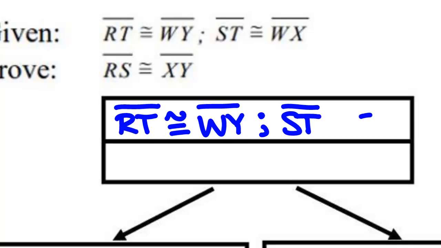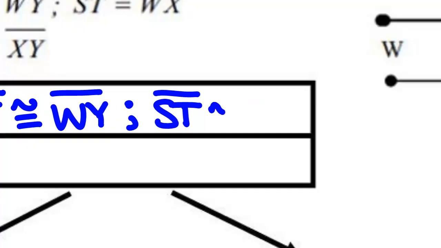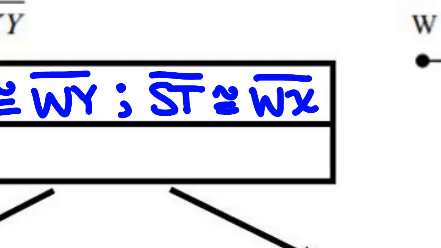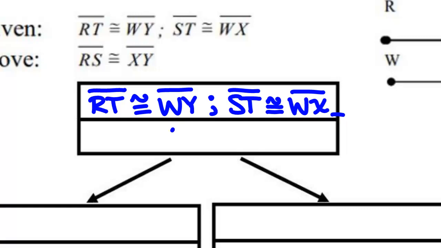Segment ST is congruent to segment WX. What would I put below in the reason part of the box? Given.